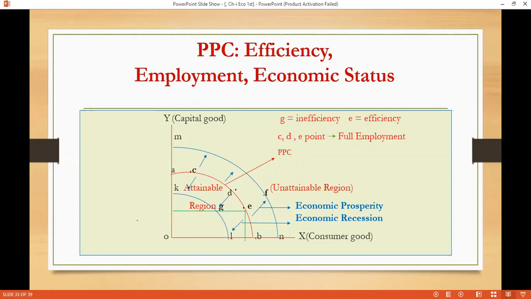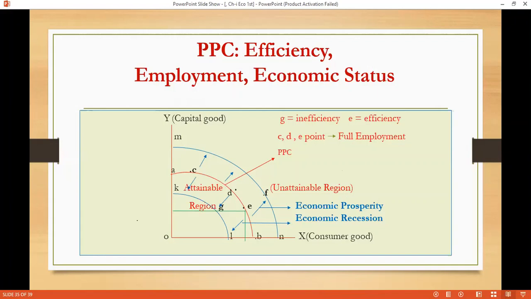So the side outside of the PPC curve is called the unattainable region, because it is not possible for the economy to attain it. So now we have understood what A, C, D, E, B points are. These are efficient points, and G is an inefficient point, but it is in the attainable region, and F is in the unattainable region because it is not possible for the economy to reach there.